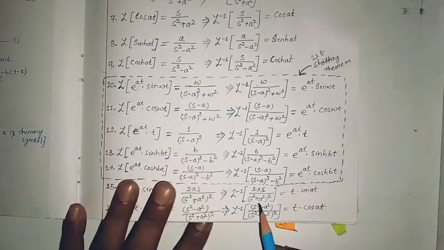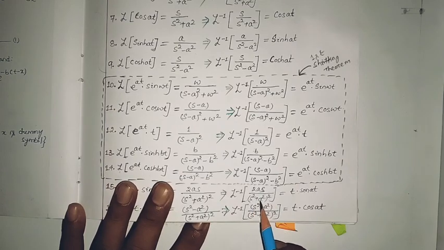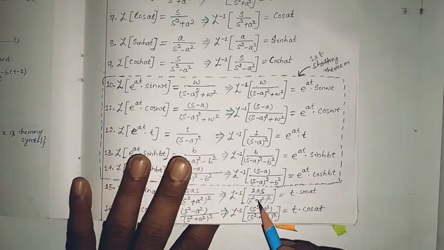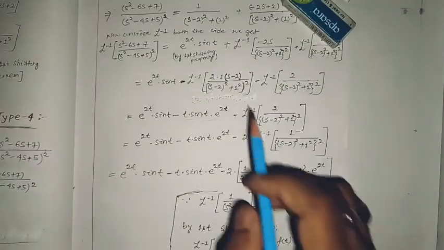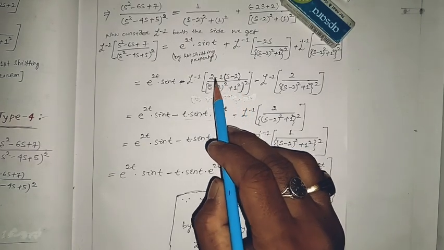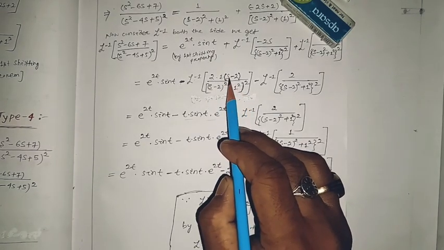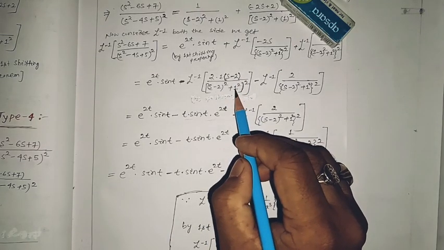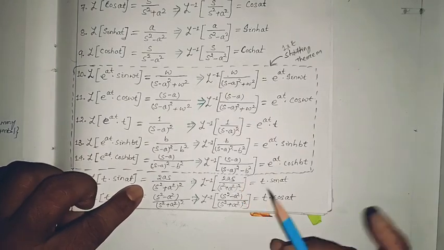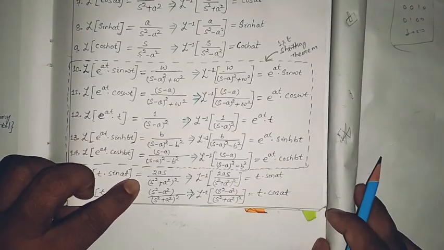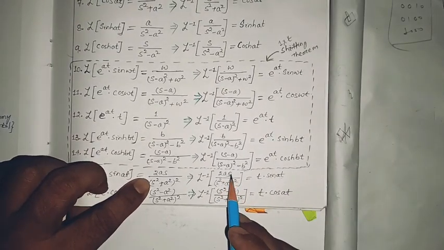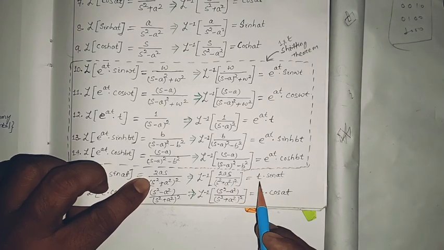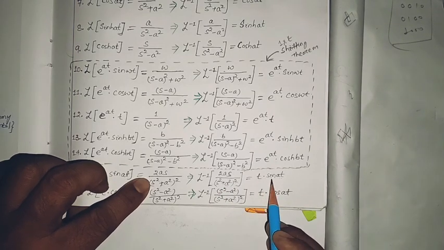If I compare this one, 2as by (s square plus a square) whole square, here a is 1. 2 into a into s, instead of s it is s minus 2, but here a square is 1. So instead of a we have 1. So we can write t sine at.